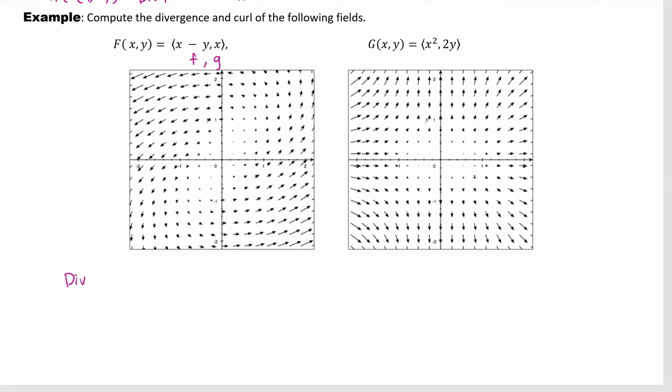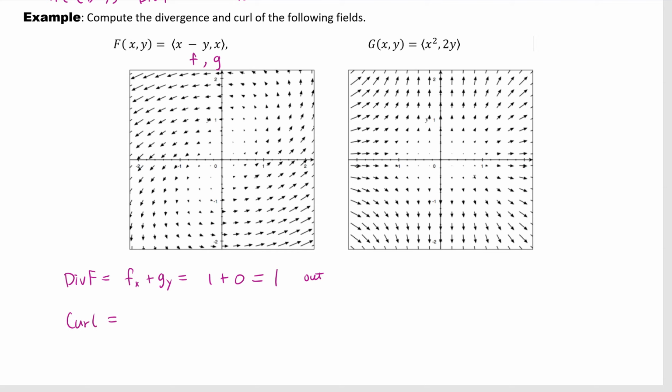What's divergence? Divergence is fx plus gy. fx: x minus y, the derivative with respect to x is 1. gy: the derivative of x with respect to y is 0. So that's 1. Is it going in or going out? Going out. Yeah, it looks like it's going out. And how about the curl?